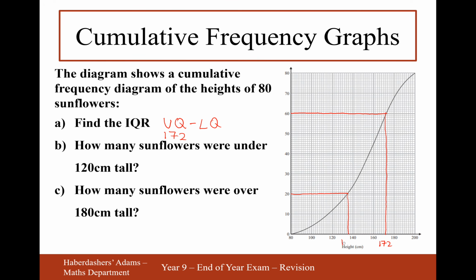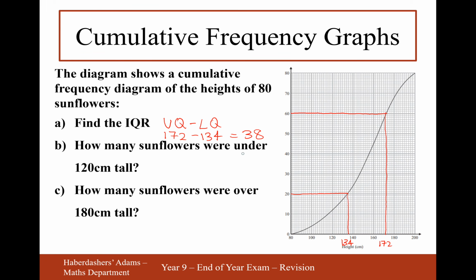And that for me is at 134. And now you do the subtraction. 172 take away 134, which is 38. So the answer to what is the interquartile range is 38.